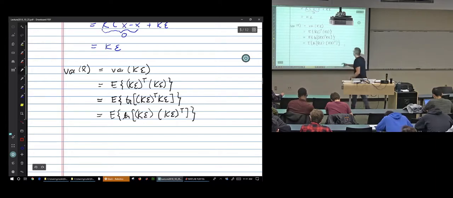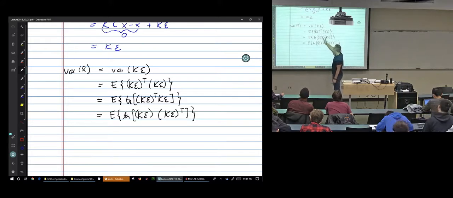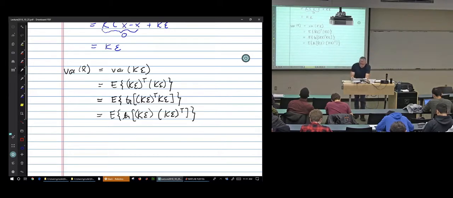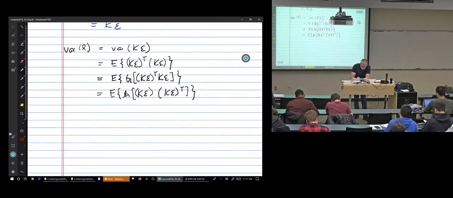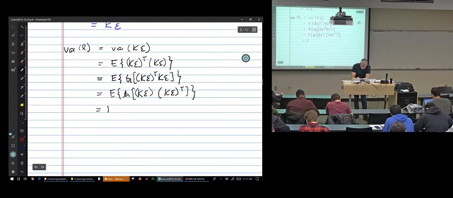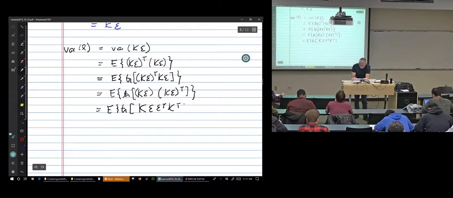Trace of a scalar is the scalar, and trace is indifferent to which way I write these as long as it's still compatible. And so I keep going relentlessly with this, and I get K epsilon, epsilon transpose, K transpose.